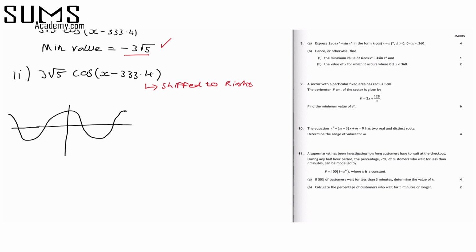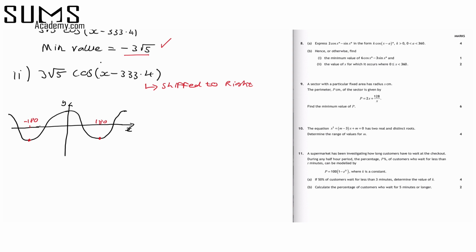So the minimum values occur here and here. But because this graph has been shifted by this much, instead of occurring here, which would have been at 180 or minus 180, they're actually going to occur 333.4 degrees to the right of that. It's good practice to put in my axis labels.